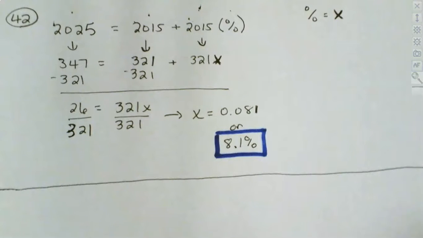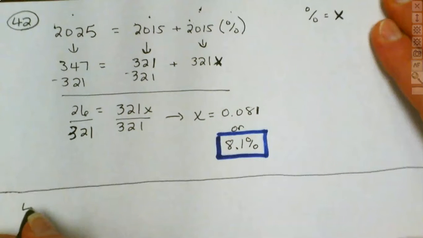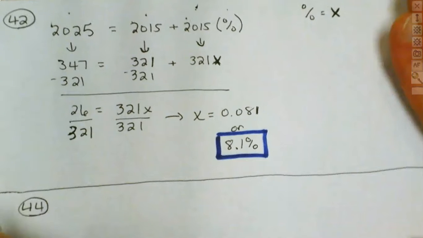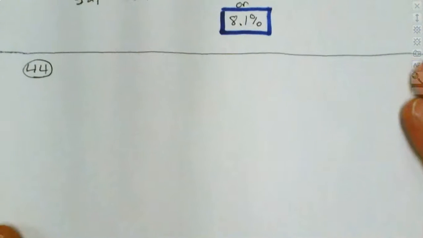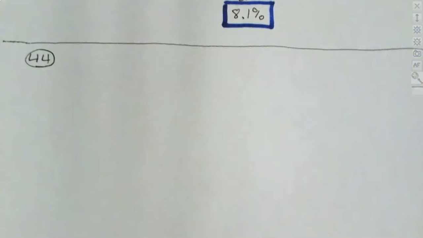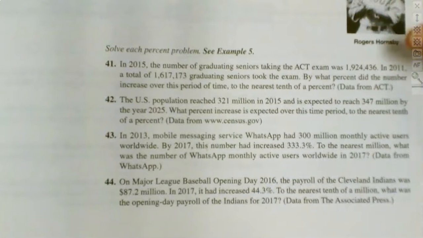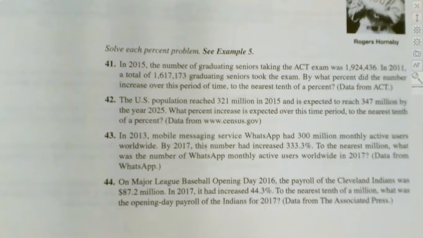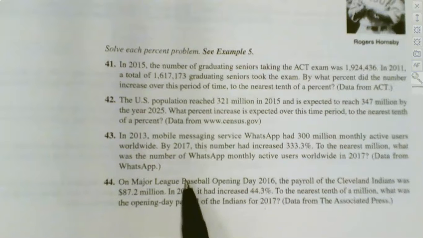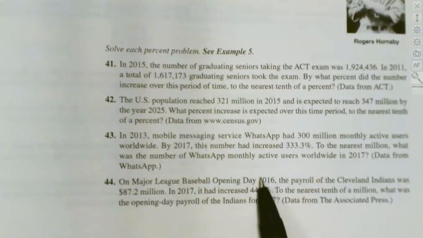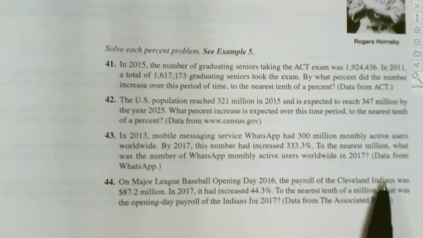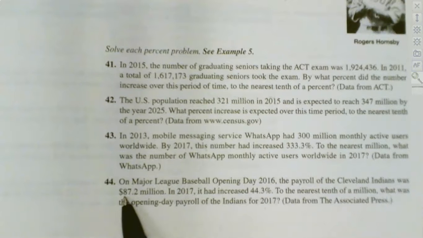Question 44. Let's now look at question 44. On Major League Baseball opening day in 2016, the payroll of the Cleveland Indians was $87.2 million.